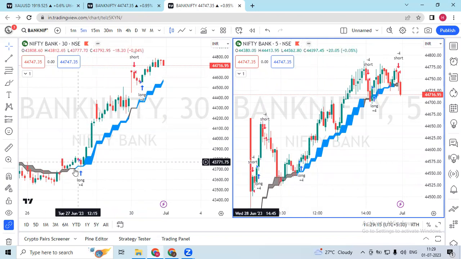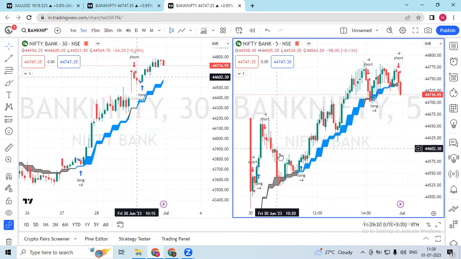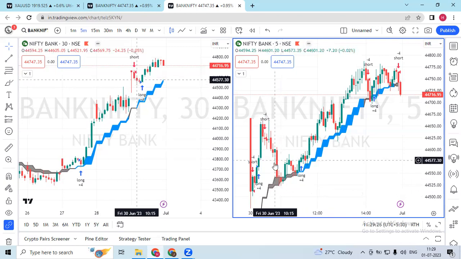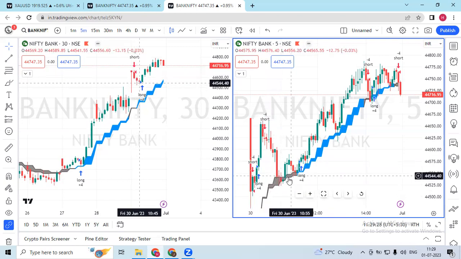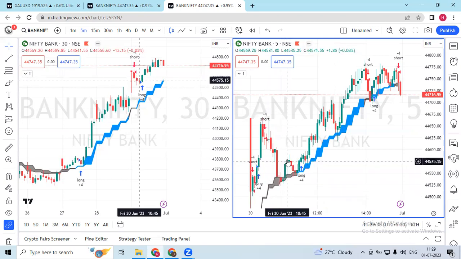Suppose the trend is already in an uptrend. What you need to do is wait for the 5 minutes candle to come below the ribbon. As you can see over here, it has come below the ribbon. Then once the candle bounces back above the ribbon, that's your entry point.